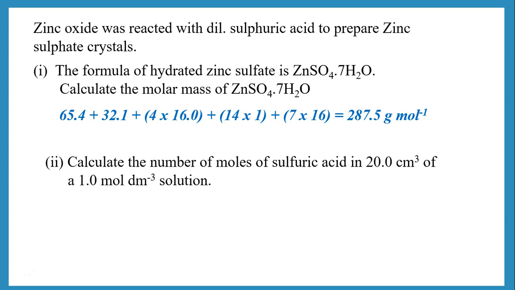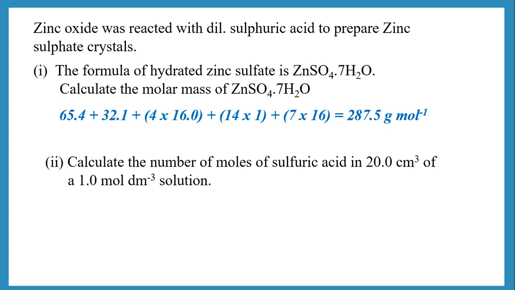So here we're saying calculate the number of moles, and we're given 20 centimeter cubed. You should know that anything in centimeter cubed is the volume. The 1 mole per decimeter cubed is concentration. So we're given volume and concentration, and I want to get number of moles.